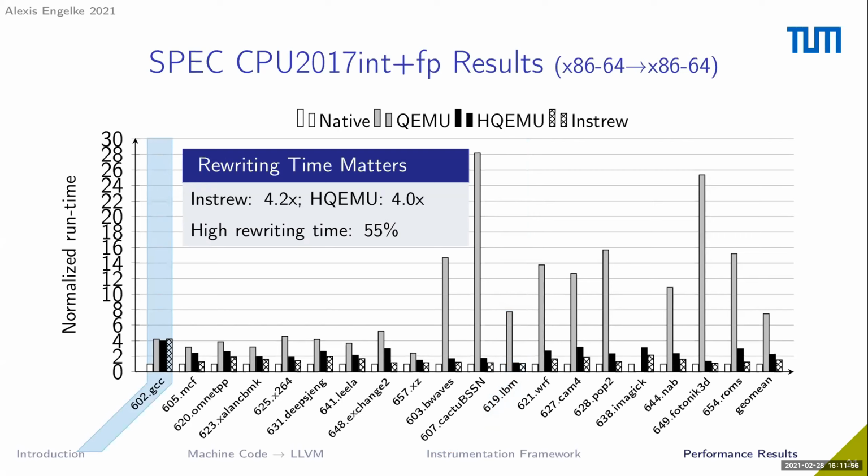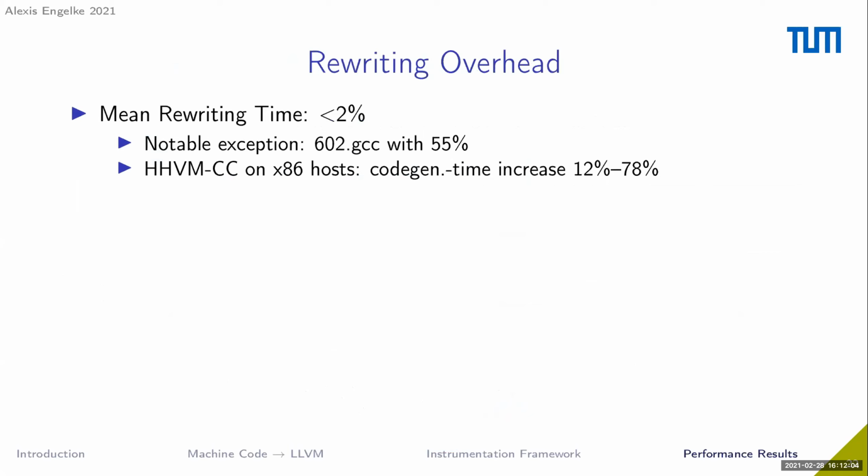The reason is that in this benchmark, 55% of the time is actually spent in LLVM generating code. GCC is a notable exception, where it just executes a lot of code.